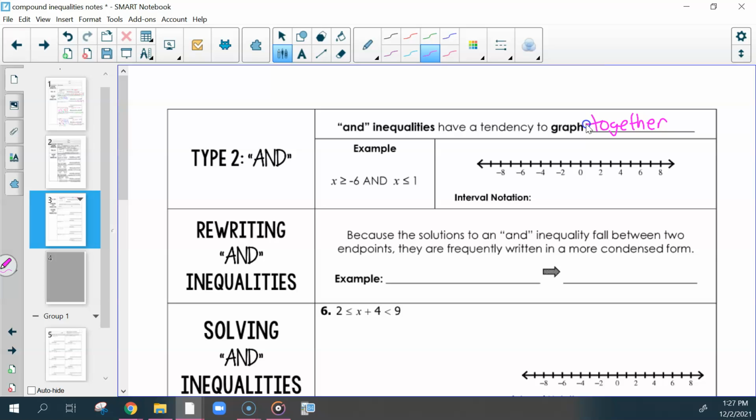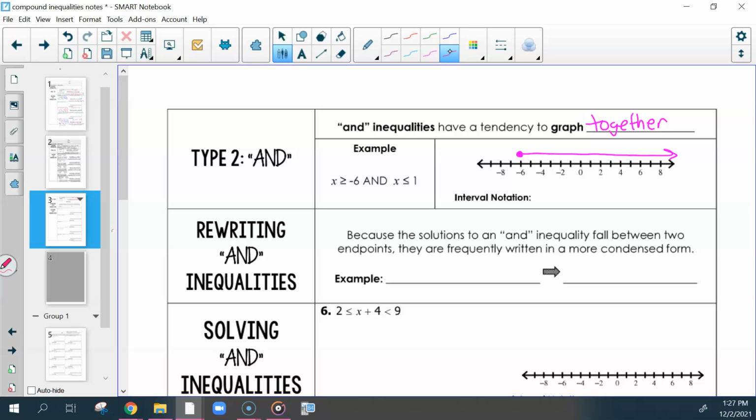So we're going to graph both of these where the arrows are, but then I'm going to show you how the final answer should be. So for this, if I graph this, x is greater than or equal to negative 6 would be a closed circle at negative 6 going to the right.